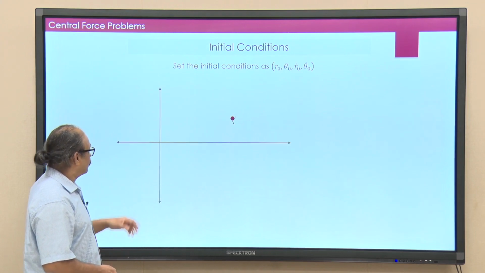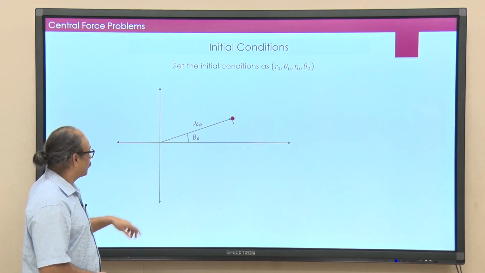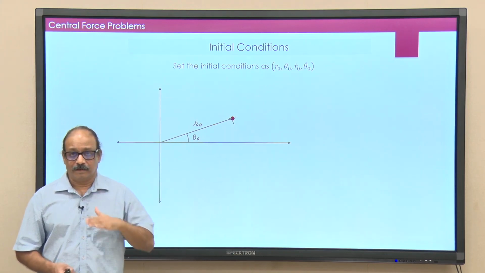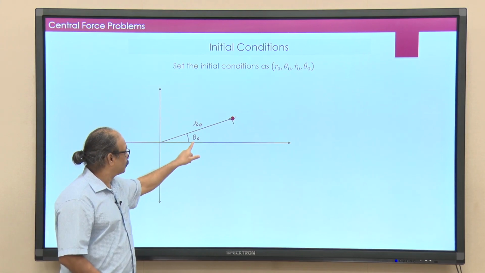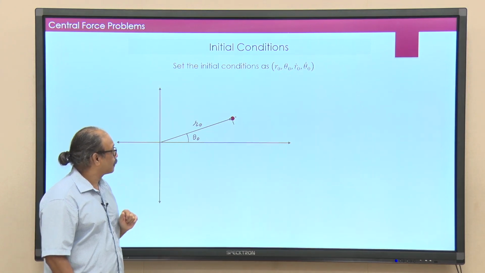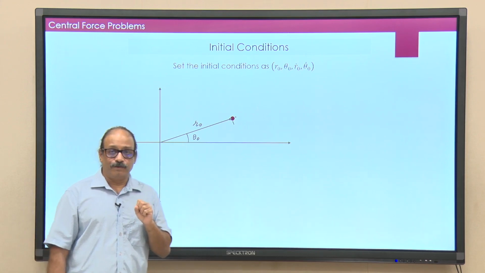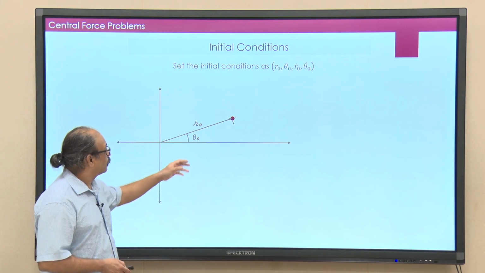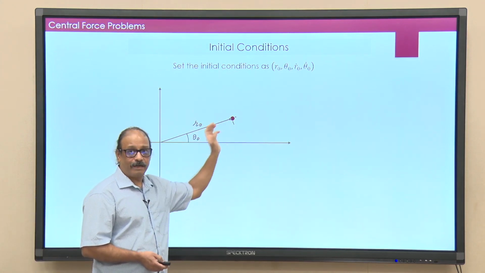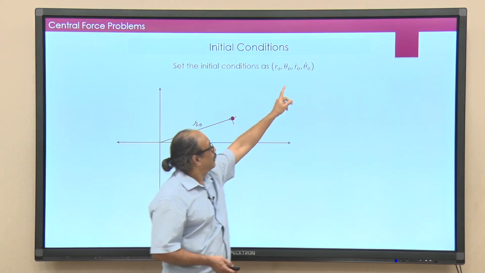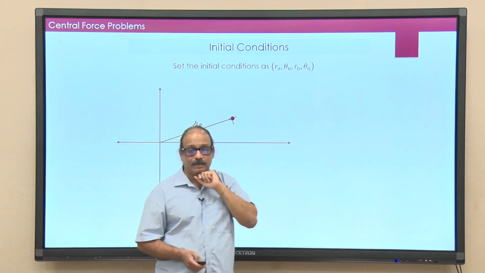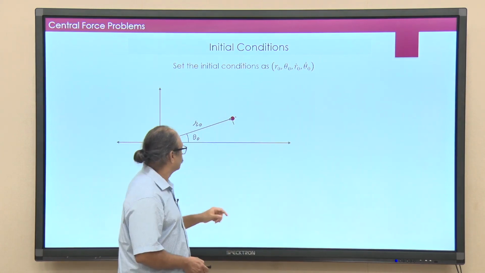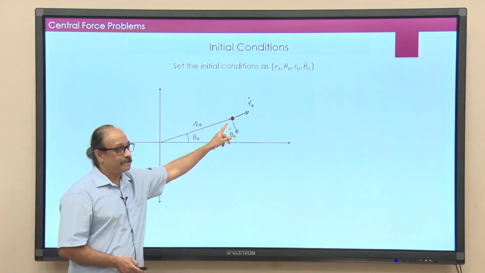So, you have a particle there, you have kept that particle at some point. So, that is distance r naught, and the position vector makes an angle theta naught with respect to the x axis. And then to set this into motion, what I need to do is to give a tangential velocity and a radial velocity. Those are basically r naught dot, which gives you the radial velocity, and r naught multiplied by theta naught dot, which gives you the tangential velocity.